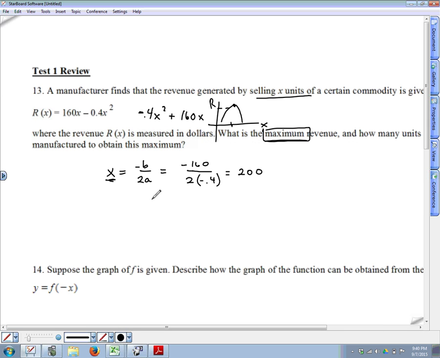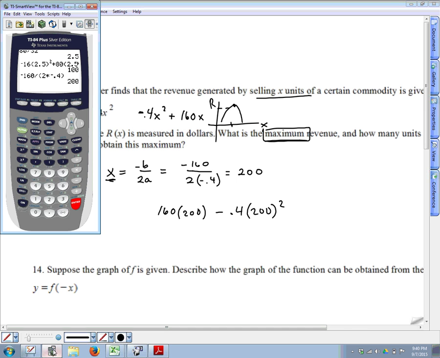But what is the maximum revenue? You have to figure out how much you're going to make if you sell 200 units. So you put 200 back into the function. It's 160 times 200 minus 0.4 times 200 squared.